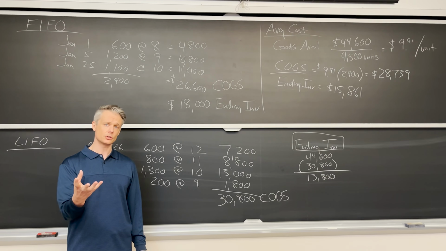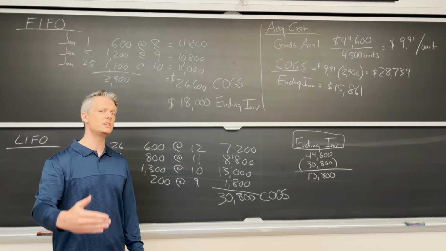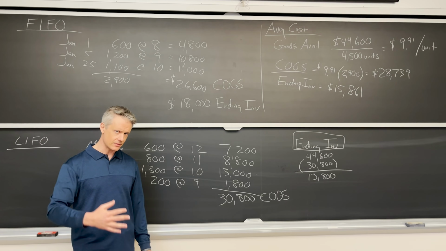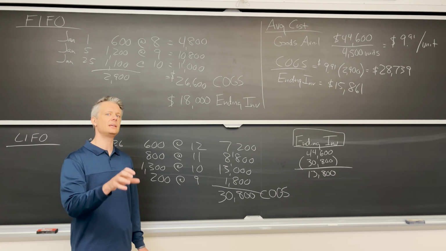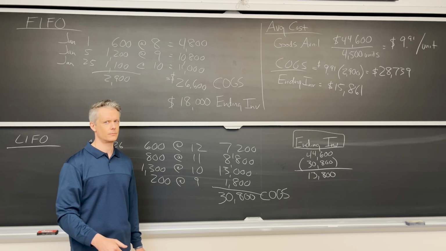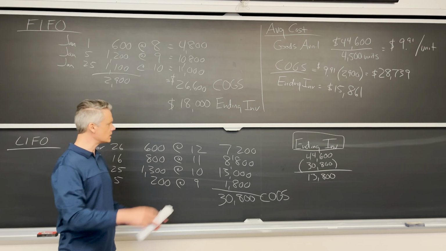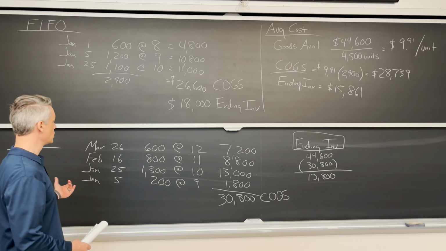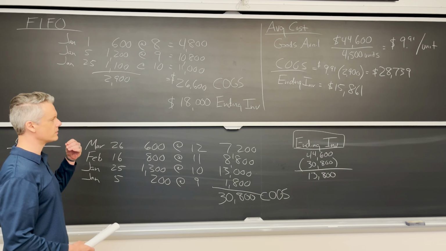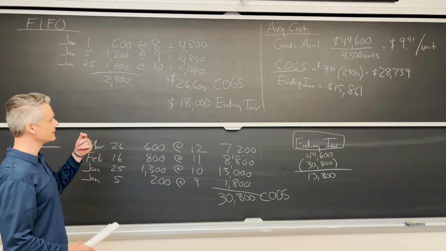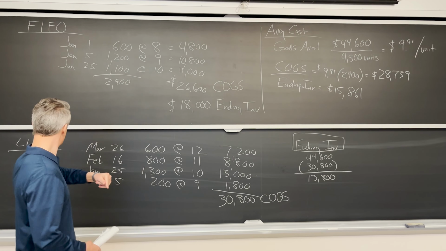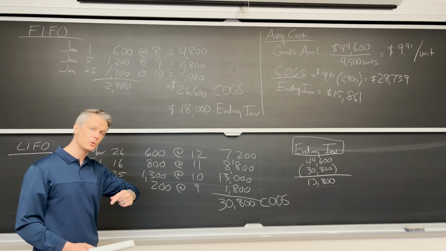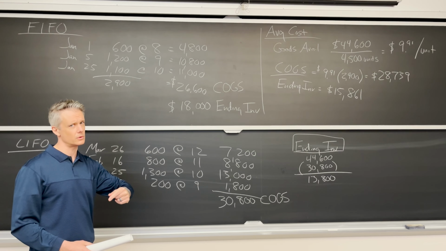That means we also assume that the most recent units, the ones that have the highest cost associated with them, are staying in inventory. The opposite is true of LIFO, which we would assume have the oldest or least expensive units in inventory, and therefore LIFO is going to have the lowest value in ending inventory.